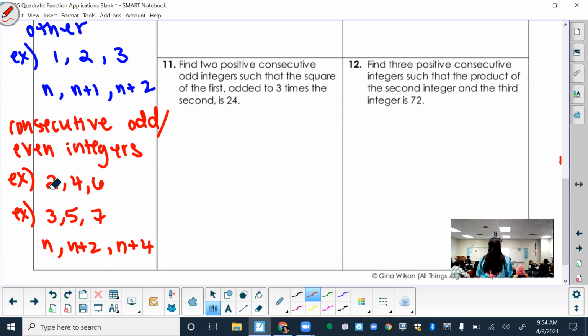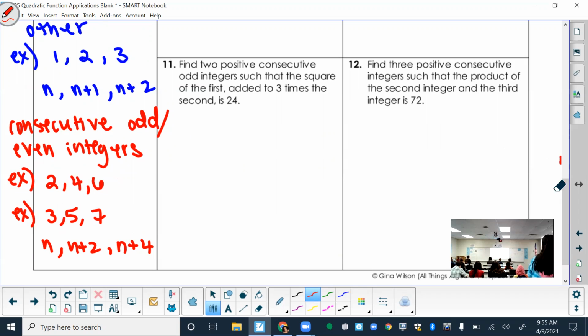So for the 2, 4, 6 example, 2 is n, 4 is 2 plus 2, 6 is 2 plus 4. Same with the 3, 5, 7. 5 is 3 plus 2, 7 is 3 plus 4. Make sense?